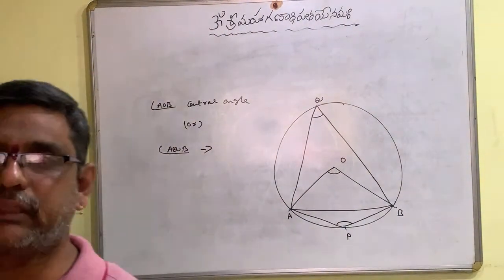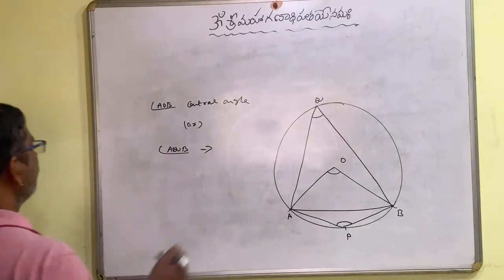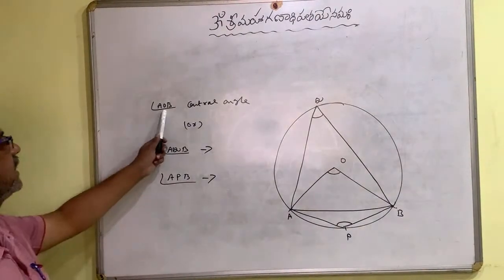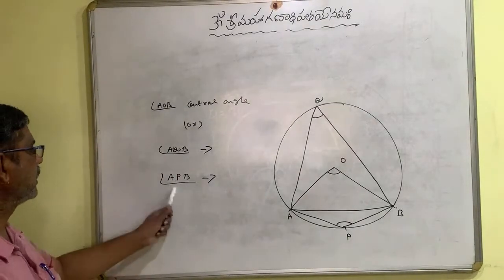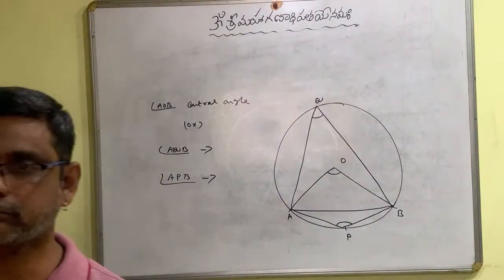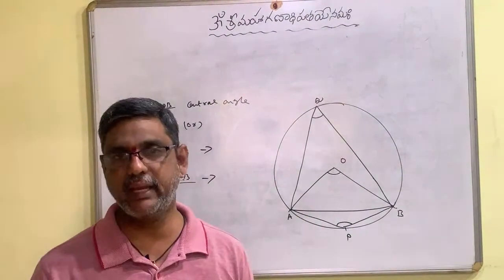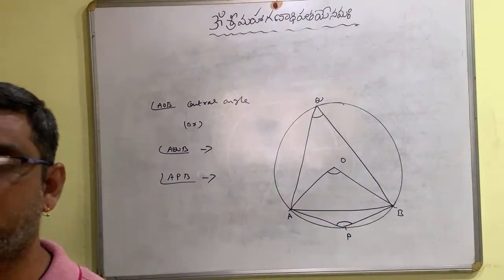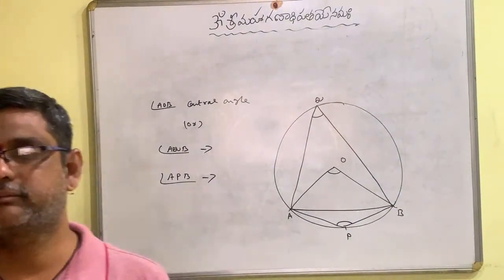Children, here you are observing 3 angles. One is angle AOB, the other one is angle AQB, and this one is angle APB. Now, what do we call angle AOB? Angle AOB is called the central angle, or angle subtended by chord AB at the center.